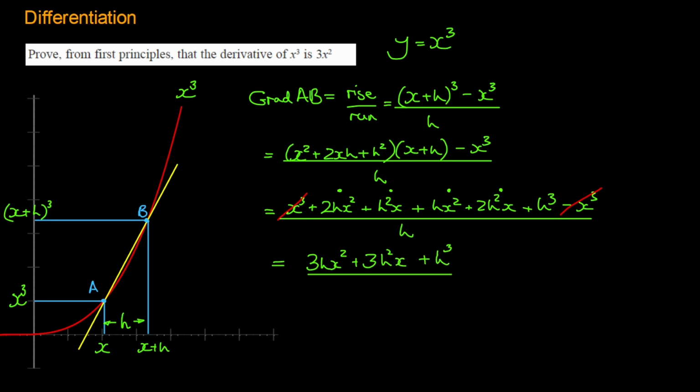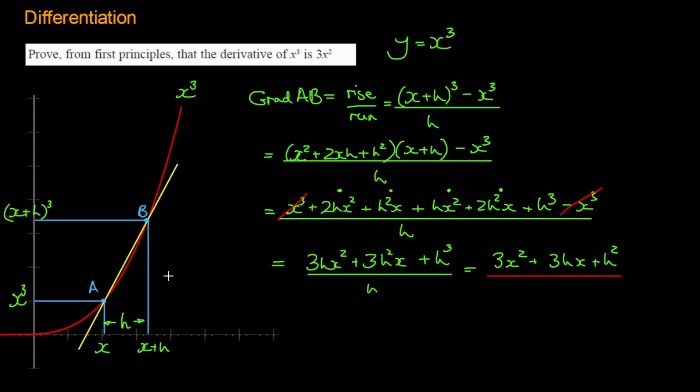And again, this is all divided by h. So now dividing through by h, we get 3x squared plus 3hx plus h squared. And that is a perfectly good description of the gradient of AB.